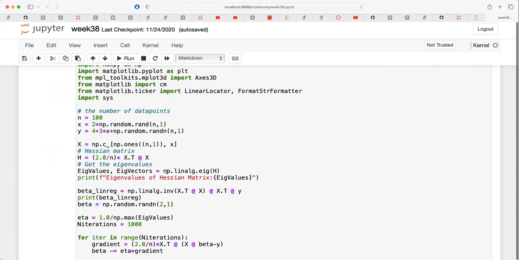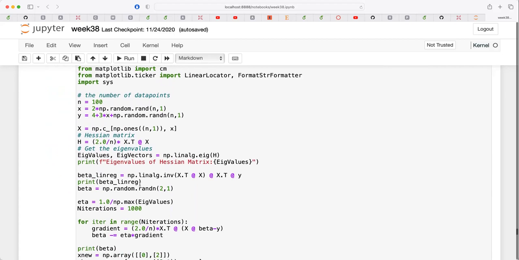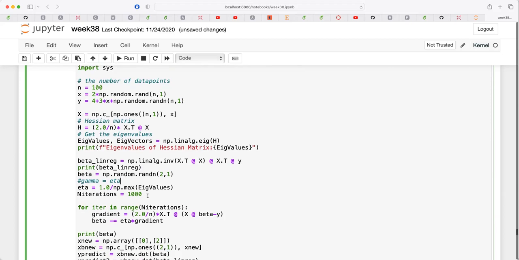And here, I decide that my parameter eta, or gamma, is now given by 1 divided by the max eigenvalue. And here I just do a very stupid thing. I just set the number of iterations to 1,000 because now I'm just going to play around a little bit.